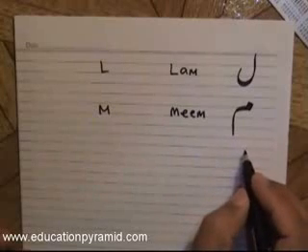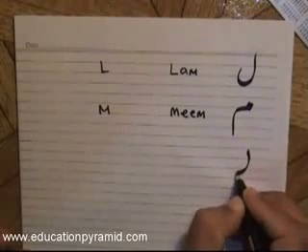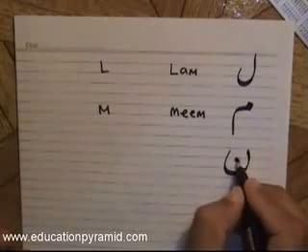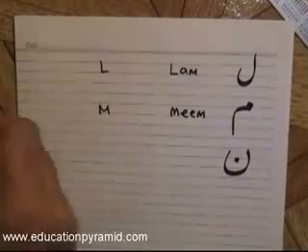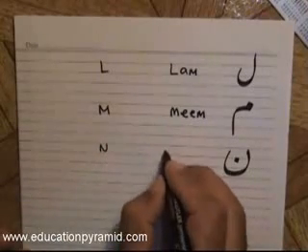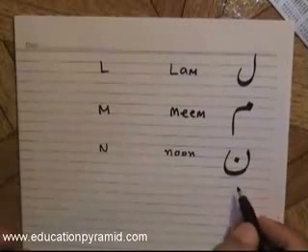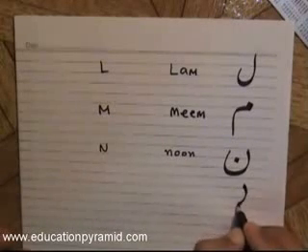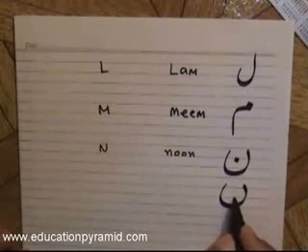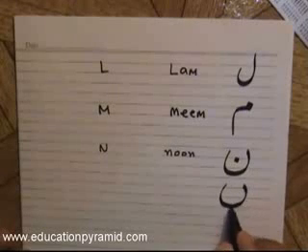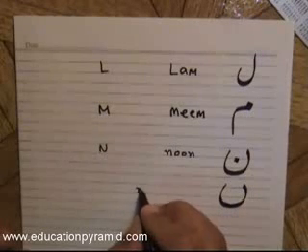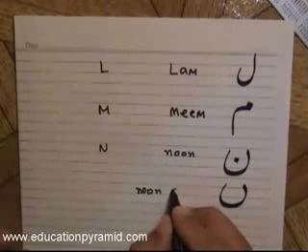Then we have Noon. N sound, like noon. Similar to noon, we call it noon gunna, and there is no dot in this.